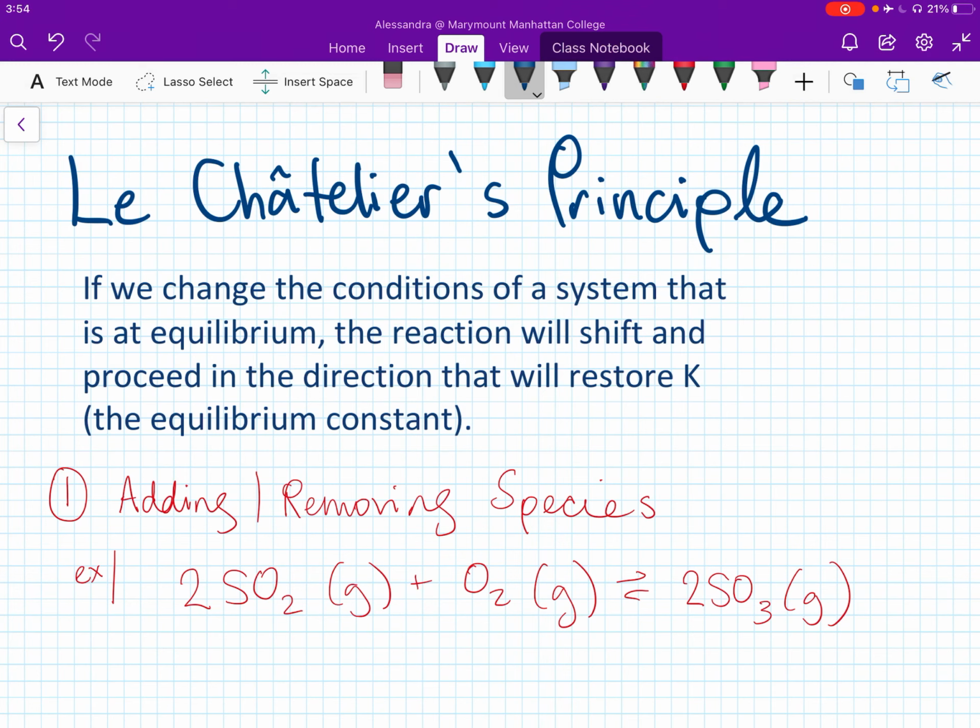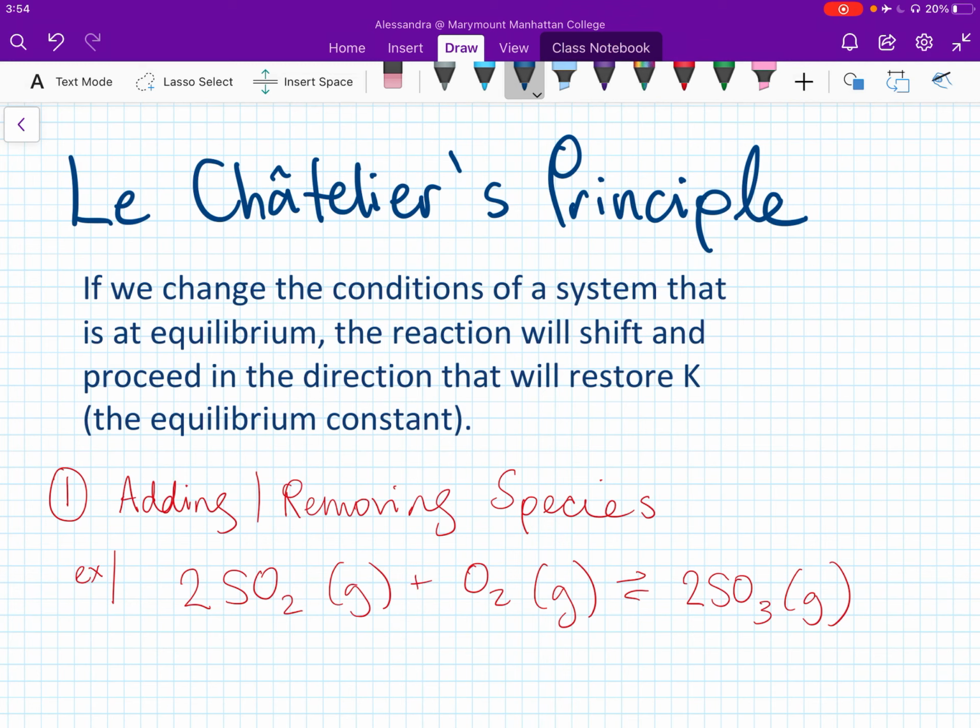It states that if we change the conditions of an equilibrium system, the reaction shifts and proceeds in a direction that will restore equilibrium, that will restore the equilibrium constant K. So you're always going to be striving to maintain K at whatever value it's supposed to be for a given reaction.